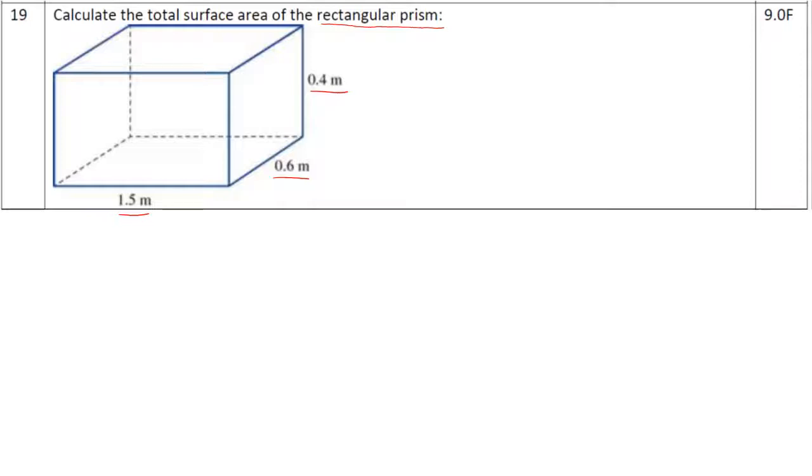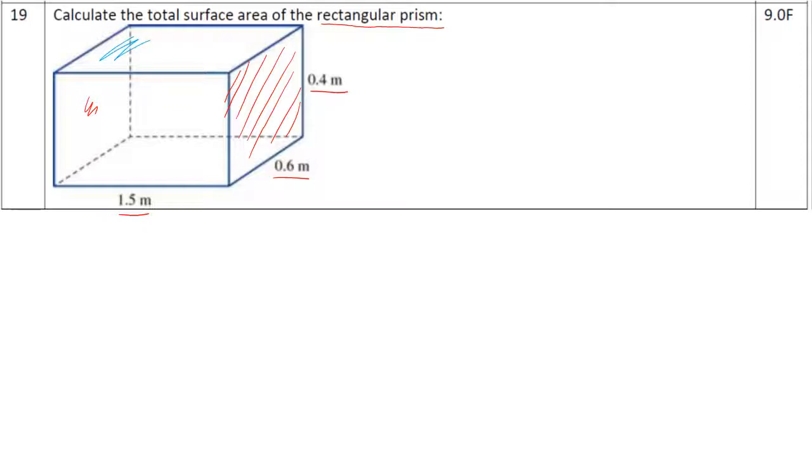What that means is that we've got one side which has the dimensions 0.4 and 0.6. So that's this side here. Now, if we wander down the other end of our shape, then this side here also has those dimensions. If we think about the top of our shape, well, it's 1.5 long and it's 0.6 meters wide.